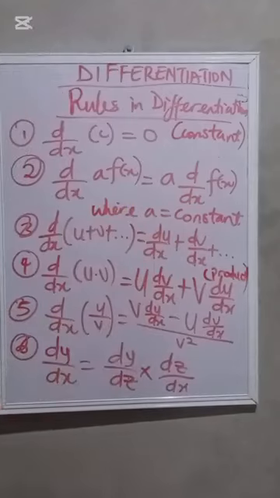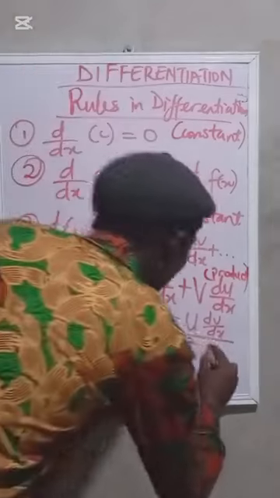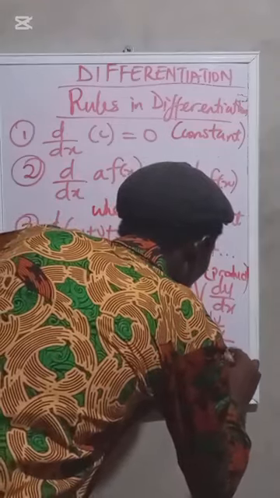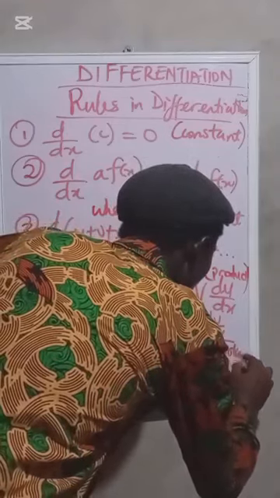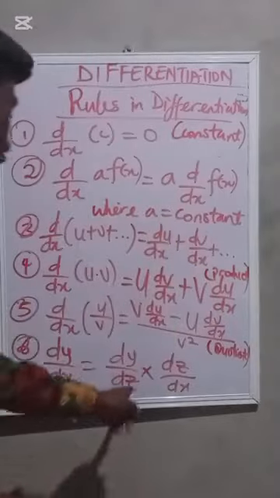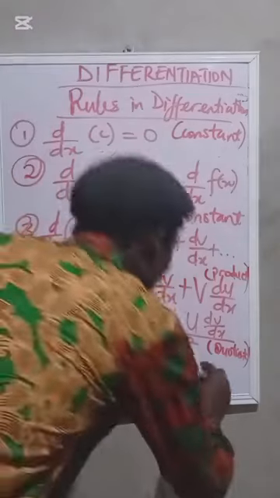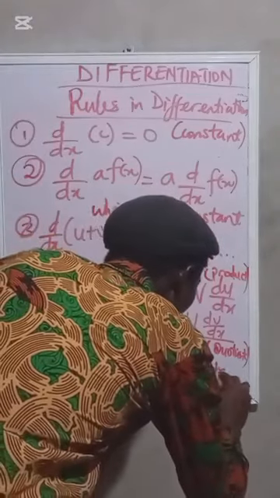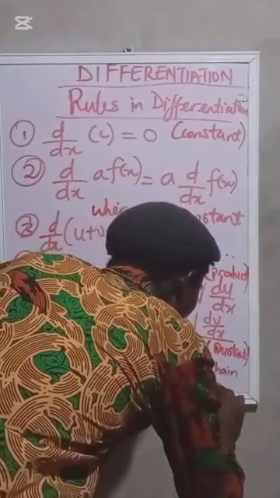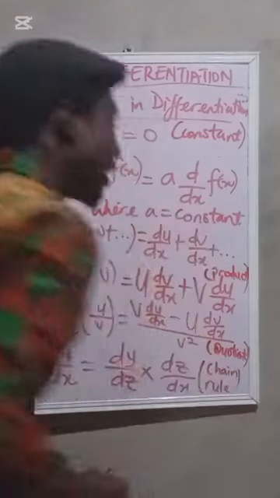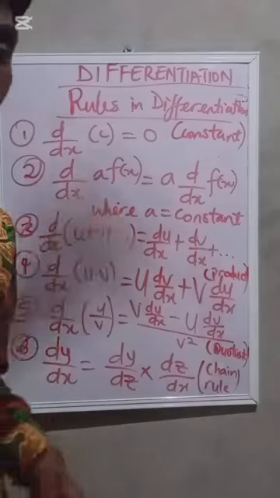This one is what we regard as the quotient rule. And this one is what we regard as the chain rule, or we call it function of function.